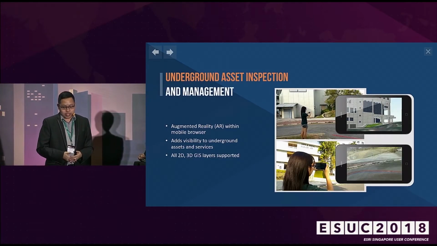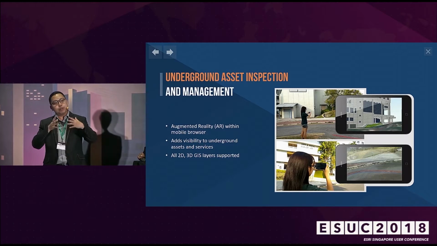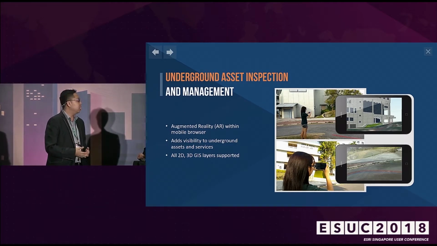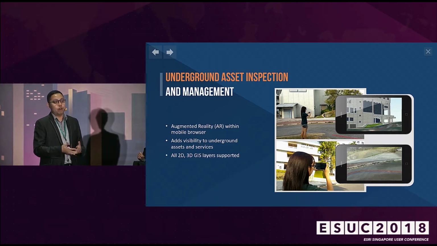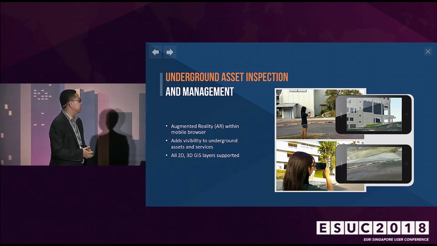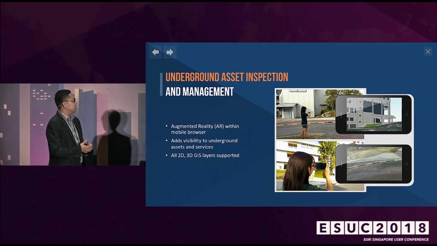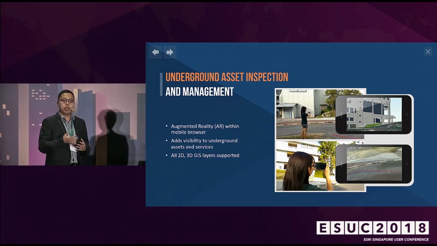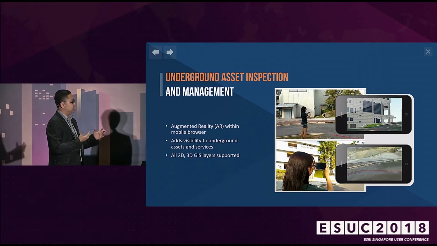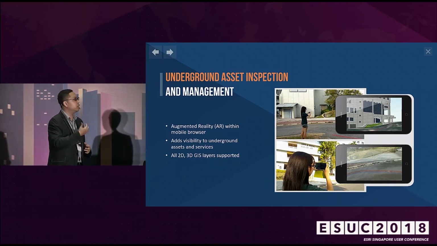Because of this Virtual NUS project, we end up with a very highly accurate 3D model, and that also allows us to push the envelope to explore other means of using it. One example is augmented reality, meant for underground utilities, assets, and services management type of usage. Because it's highly accurate, we make use of the mobile device's gyroscope and sensors to position it correctly.